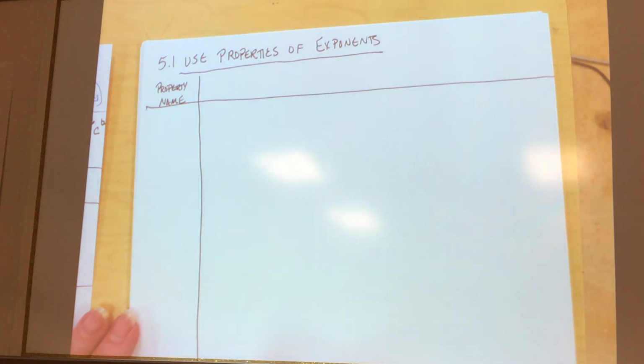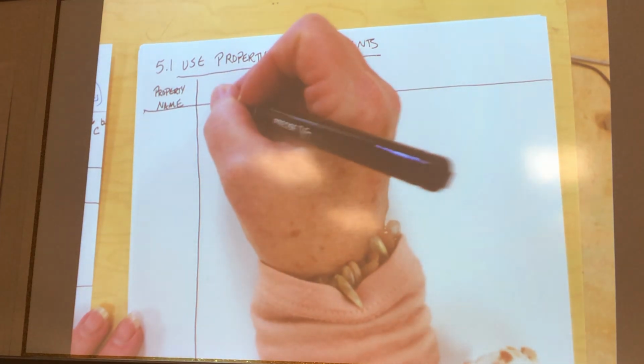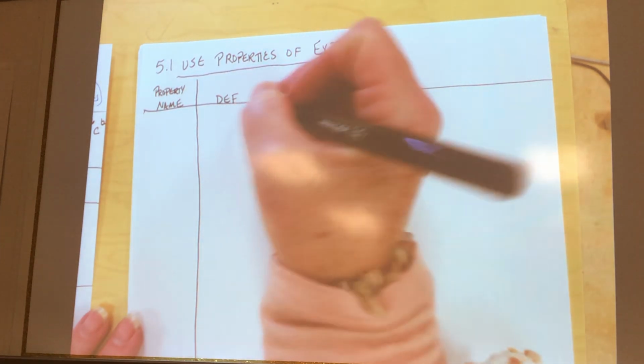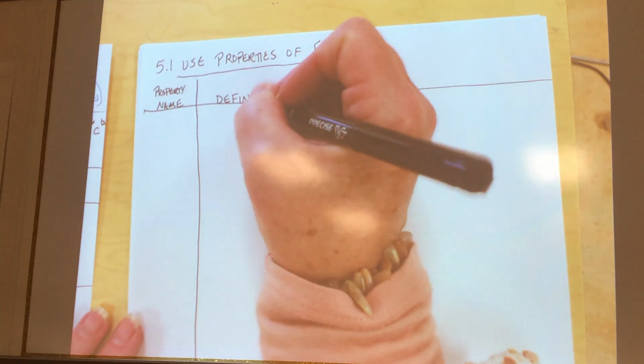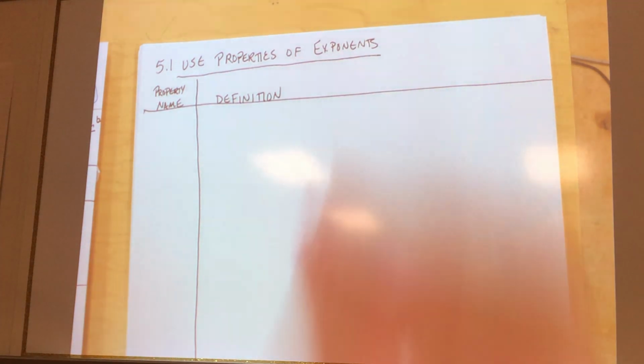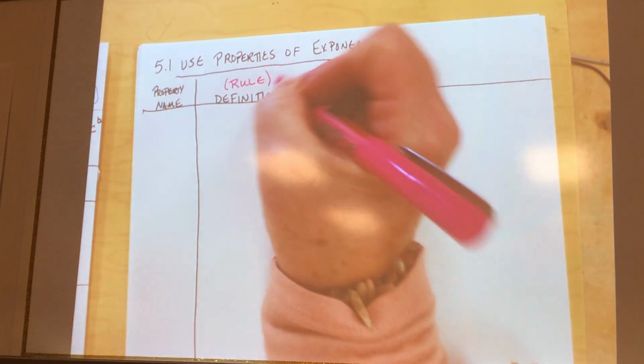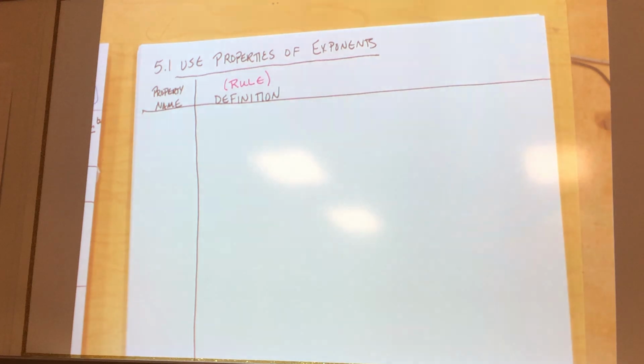The second space is going to be for what they call the definition of the property. I think probably a better word is, this is the rule that you will follow. The property is a rule, and that's the rule that you're going to follow.